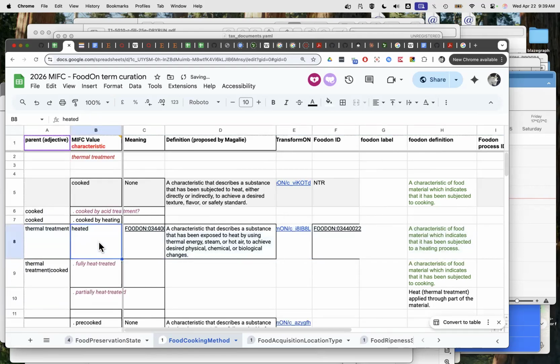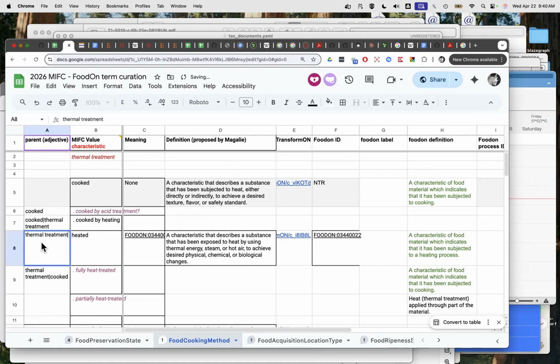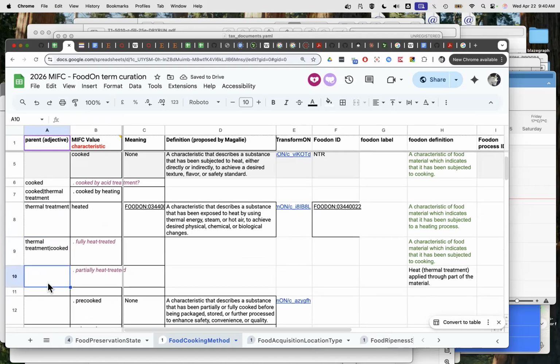So, all right, we've got cooked, which is not necessarily thermal treatment. We've got cooked by acid treatment. Cooked by heating is a thermal treatment. Then partially heat treated is certainly a thermal treatment, but not committing to cooked.